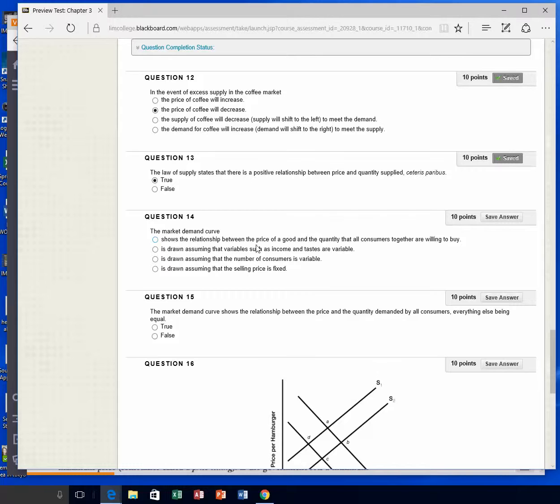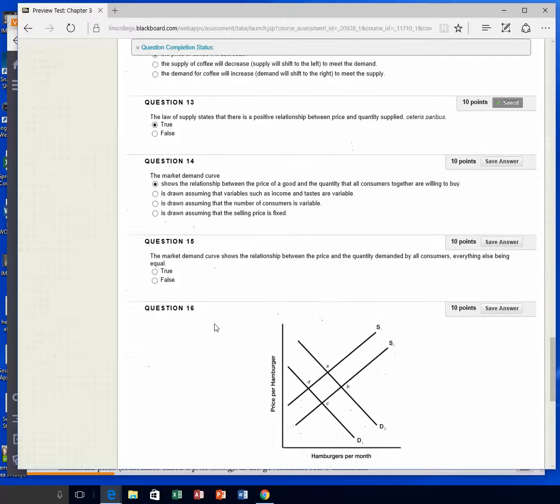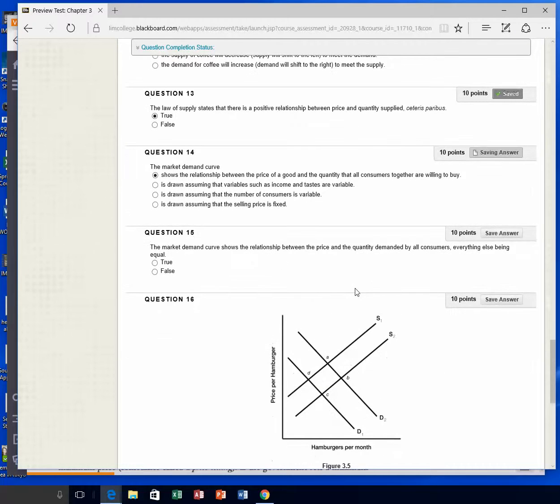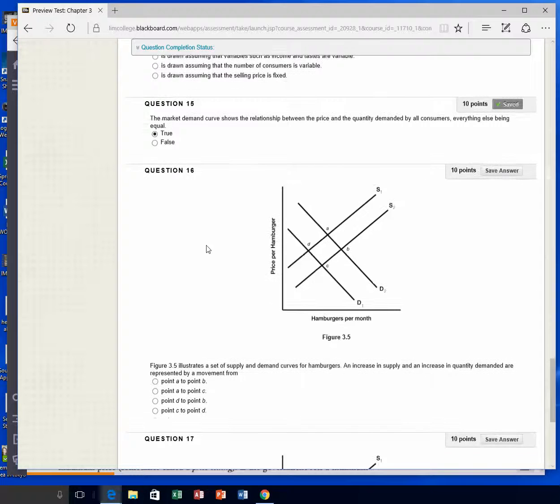It does show the relationship between the price of a good and the quantities that all consumers together are willing to buy. This is A. Question 15 is basically the same thing. I don't know why I'm repeating myself. The demand curve shows the relation between the price and the quantity of all consumers, everything else being equal. Yeah, it's true. Kind of a waste of a question.